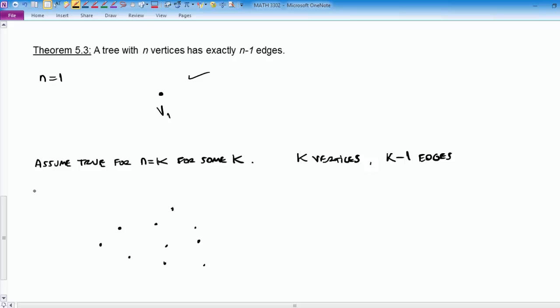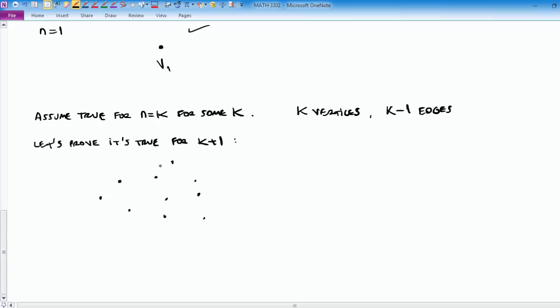Now let's prove the result that it's true for k plus 1, for n equals k plus 1. Now, how do we do this? Well, let's pick a tree with k plus 1 vertices. Consider a tree with k plus 1 vertices.